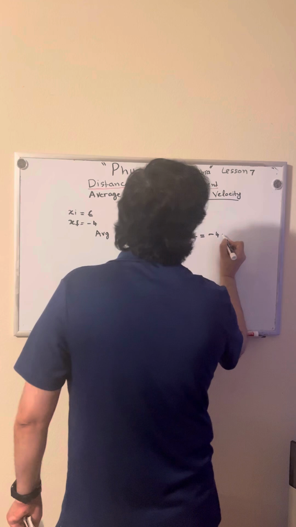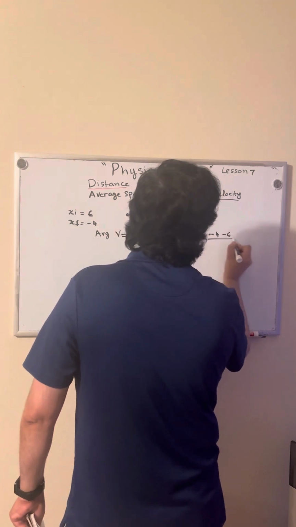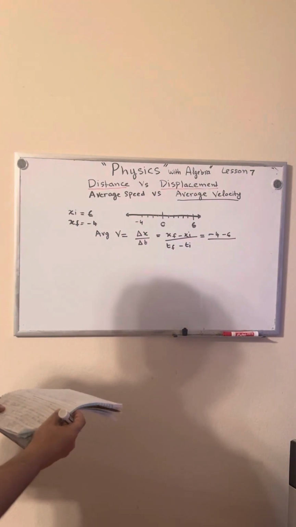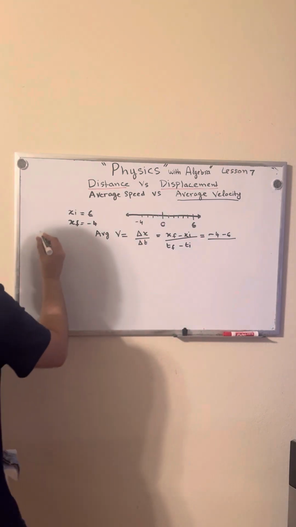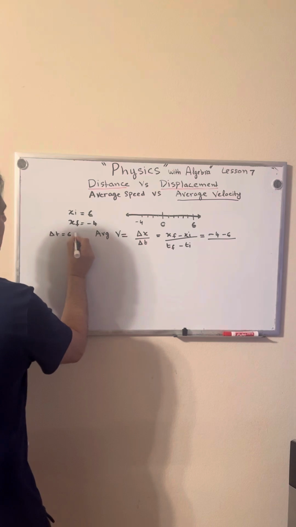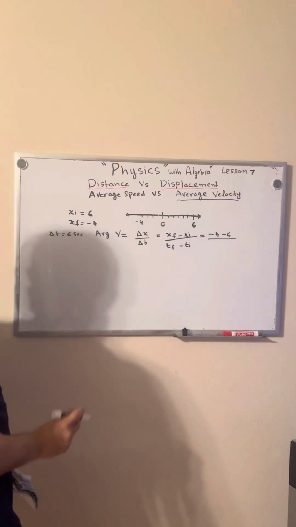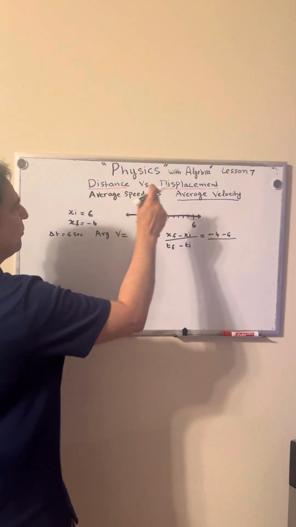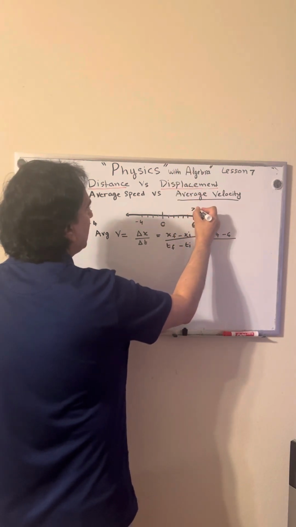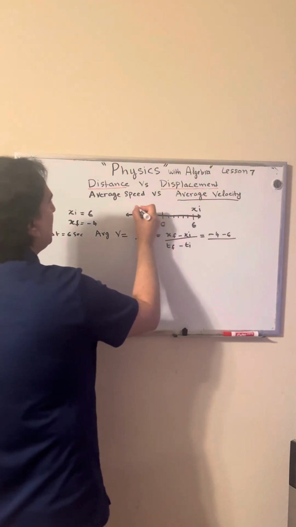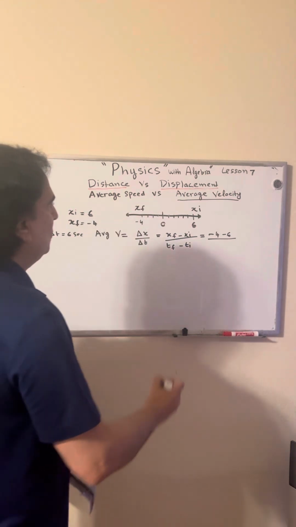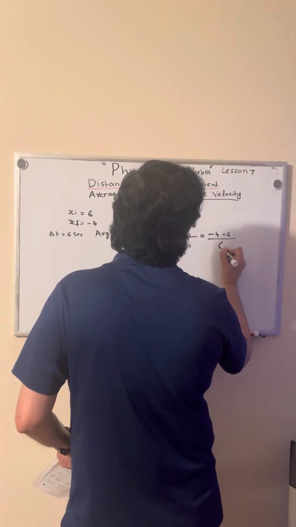So -4 minus 6. Now what is my delta t? Delta t has been given as 6 seconds. So in other words, in order to reach from your initial point, which is xi right here, to my final point, it takes me 6 seconds. So then that is going to be over 6.